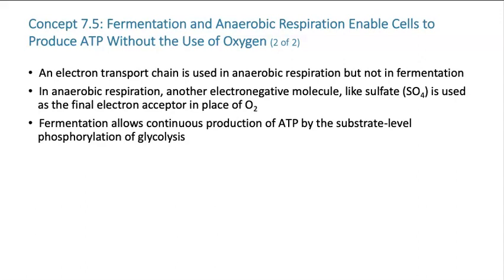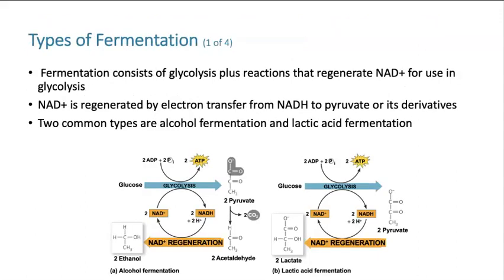With anaerobic respiration, there might be some other molecule that acts as an electron acceptor instead of oxygen. For example, sulfate is used as the final electron acceptor instead of oxygen in some organisms, like botulism. On the other hand, fermentation is a bypass which allows continuous production of ATP by substrate-level phosphorylation in glycolysis.